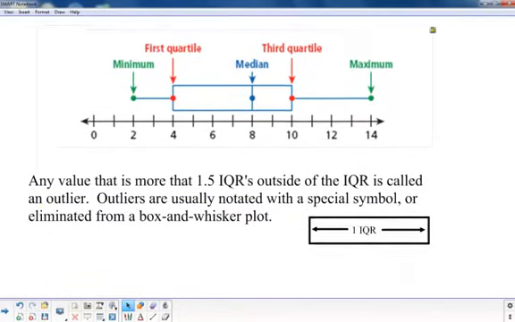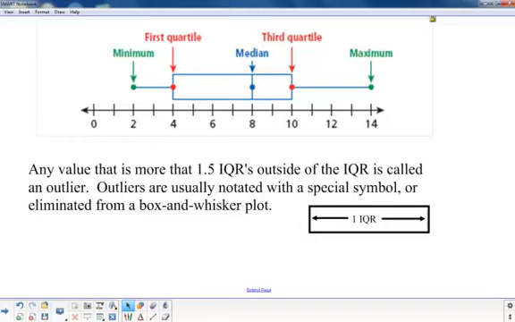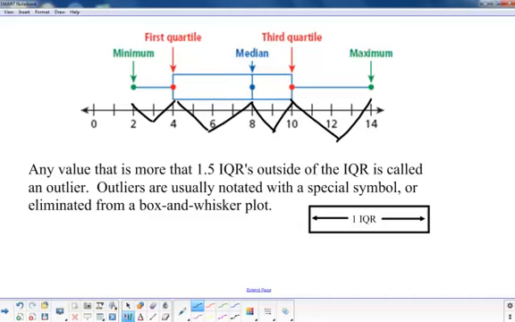So to figure out if something is an outlier, remember there's 25% of your data in each clump. So each of these clumps has the same number of data in them. The tighter that clump, there's still the same number of data, so that number of data just isn't as spread out.